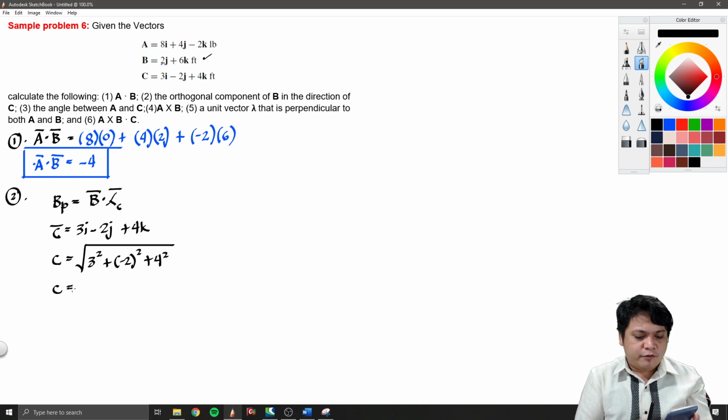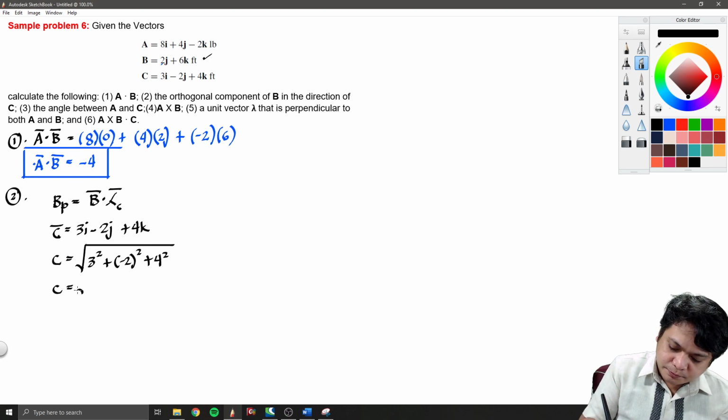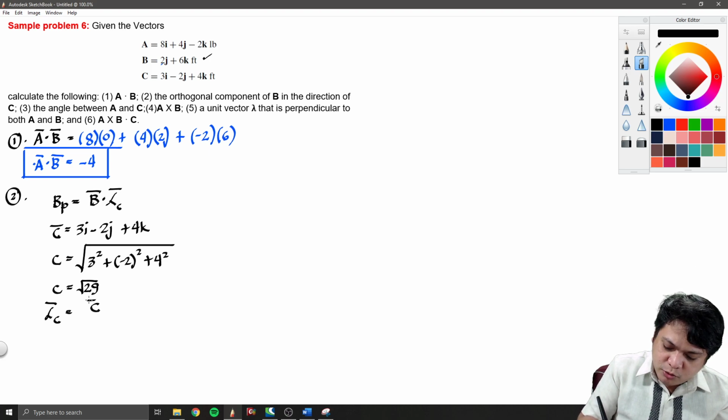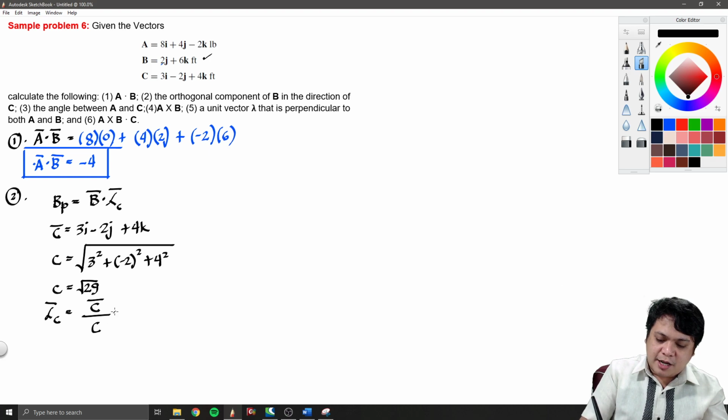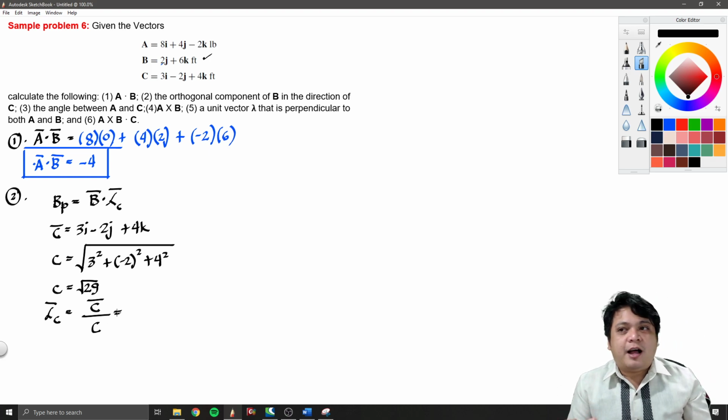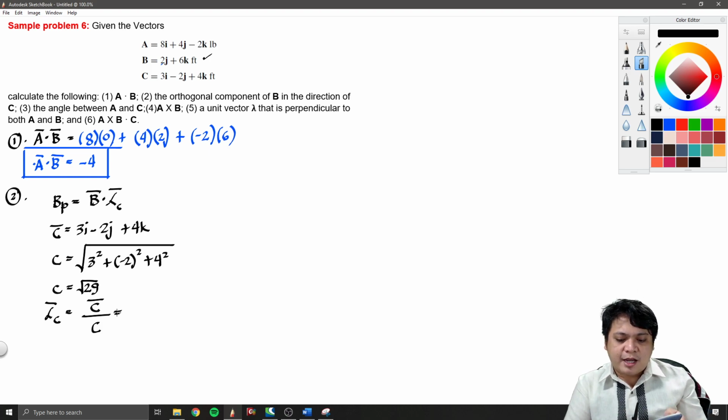So, square root of 3 squared plus 2 squared plus 4 squared. So, that is square root of 29. Okay? Para makakuha ko ng unit vector C, di-divide ko ang vector C ng kanyang pinaka-resultant. Okay? So, with this, I can now have lambda C.